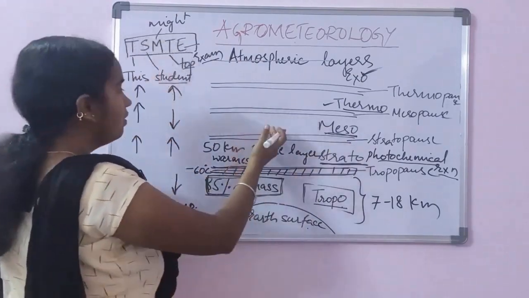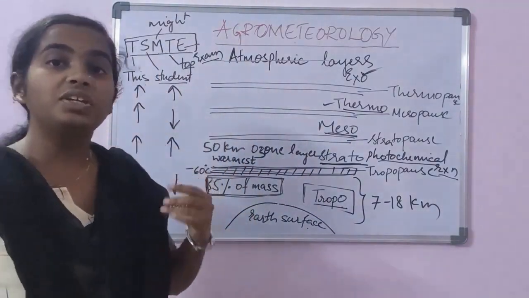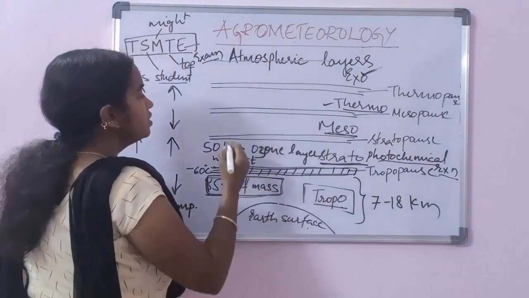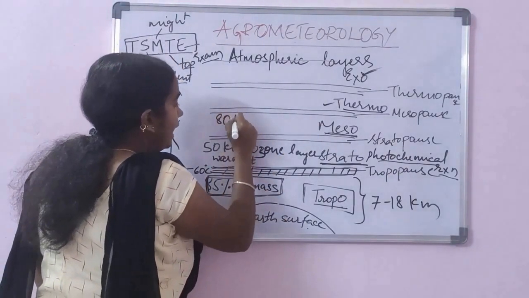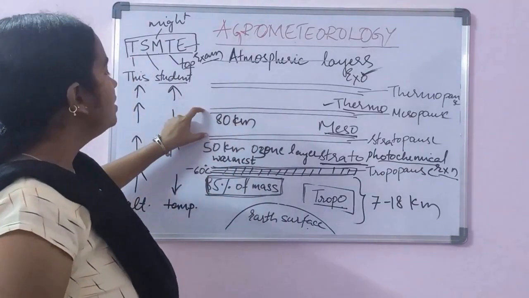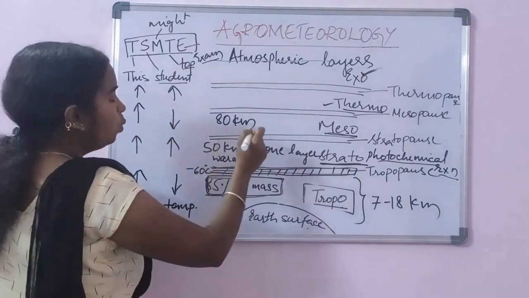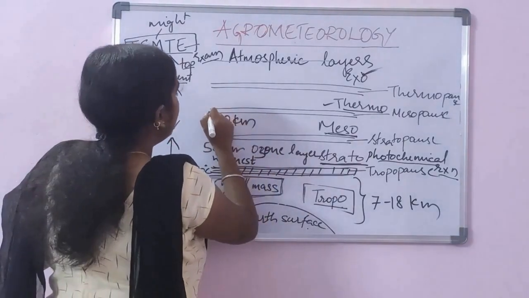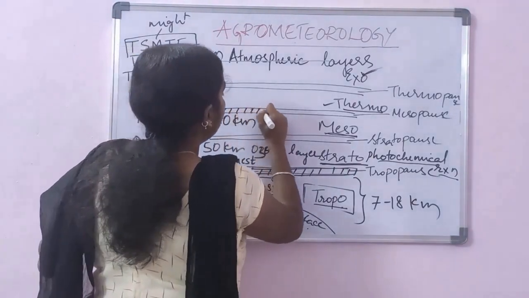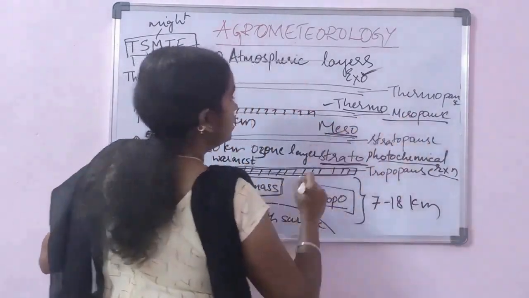And for the third one, we'll go for a mesosphere discussion now. This as I have already told you, as there is increase in the altitude, there is decrease in the temperature. This mesosphere extends up to 80 kilometers above the Earth's surface. There is no much discussion about this mesosphere, but one important thing is, at the end of mesosphere we have a mesopause. Yes, mesopause.